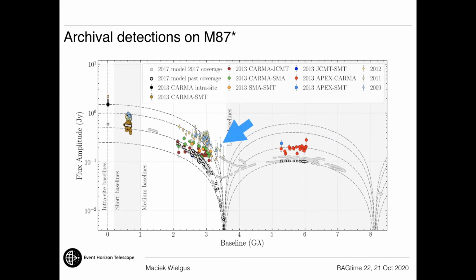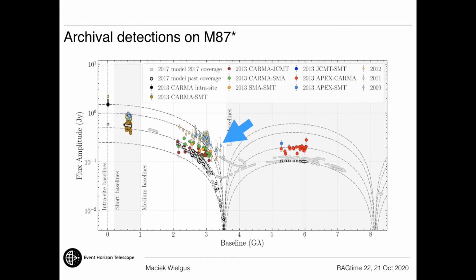Then there is another thing to take a look at. If you sample the 2017 model with the old sampling, you can see that some of those points, the gray points with black envelope, go very, very low. They are sampling a deep visibility null.